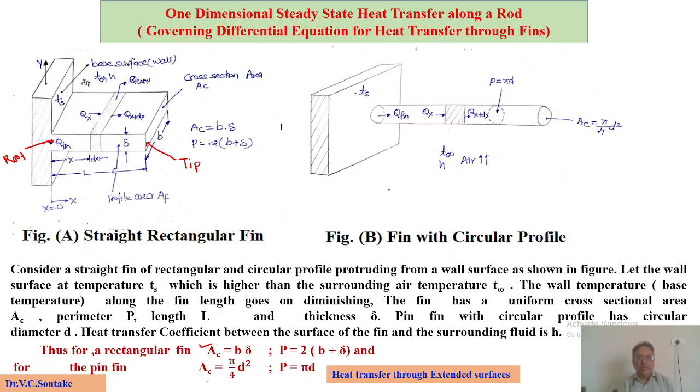And for the fin of circular profile, the cross-sectional area will be pi by 4 d square, and its perimeter capital P will be pi d. Okay, so these are some of the geometrical parameters and temperature and fluid property parameters shown in figures A and B.